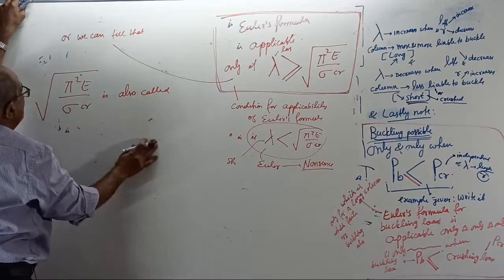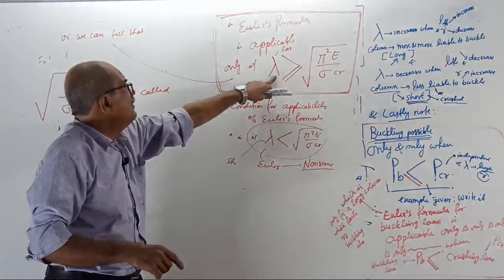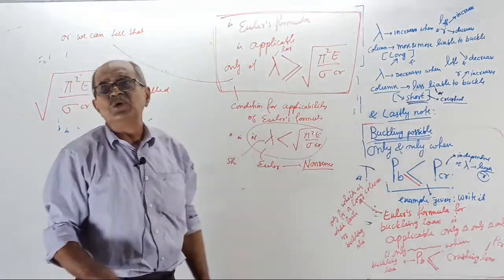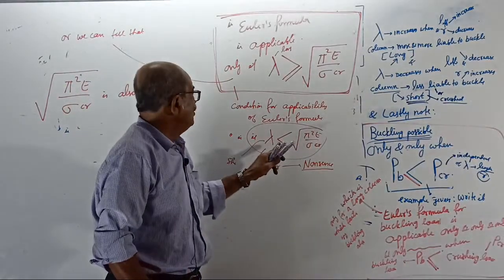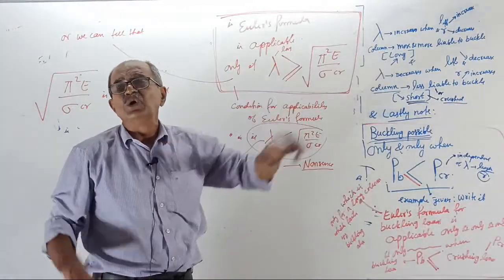Anybody can tell? Euler's formula is applicable only when slenderness ratio is either equal to this value or more than that value. You cannot apply Euler's formula if slenderness ratio is less than that value.